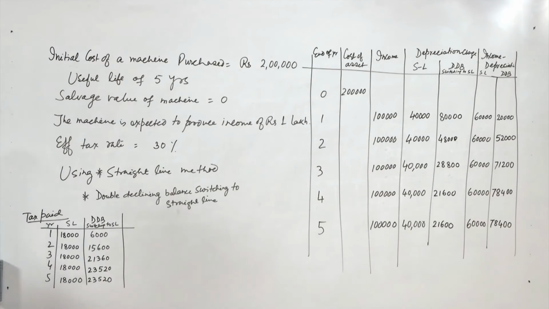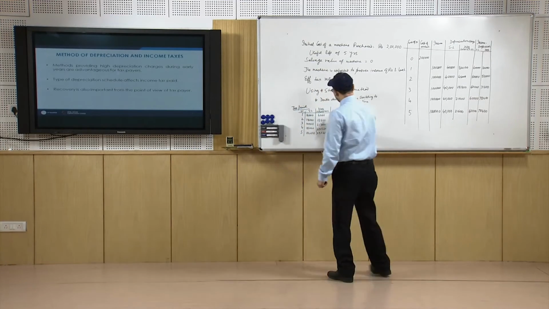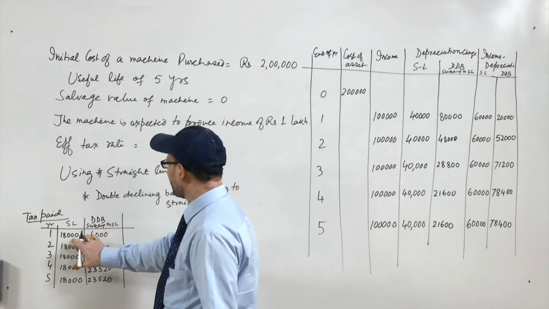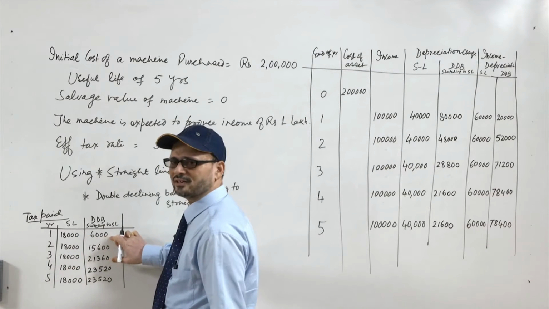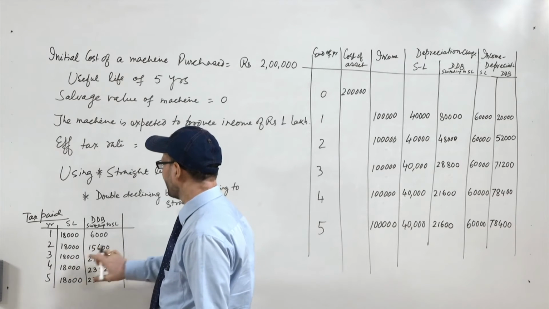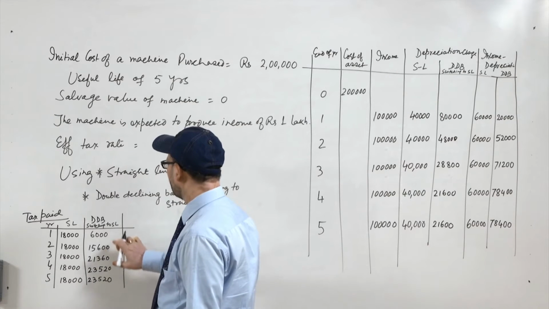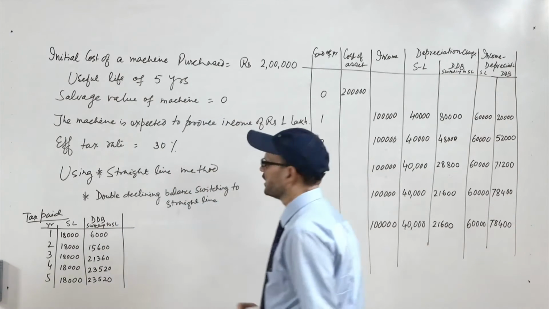Now, basically we are paying in the first year 18,000, where it is here 6,000, in the second year 18,000, it is 15,600. From third year onwards we are paying more in case of DDB switching to straight line.